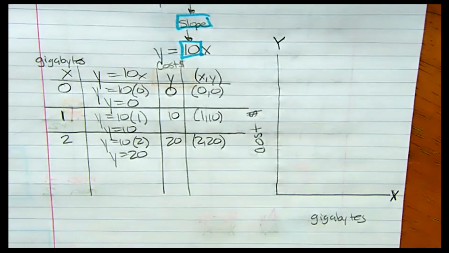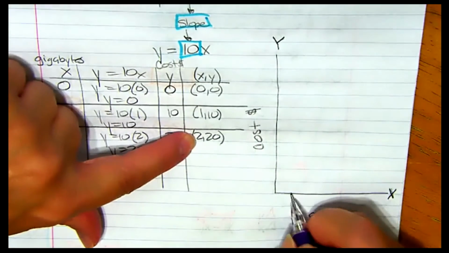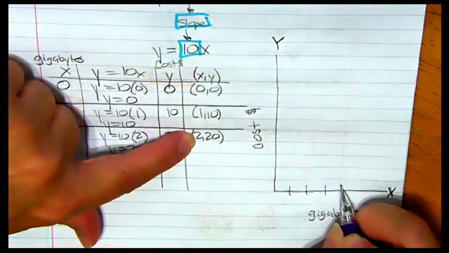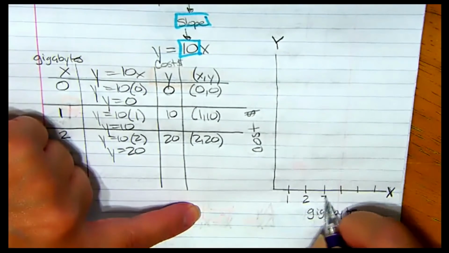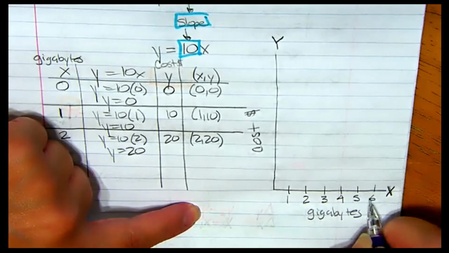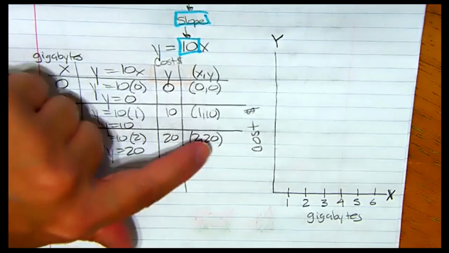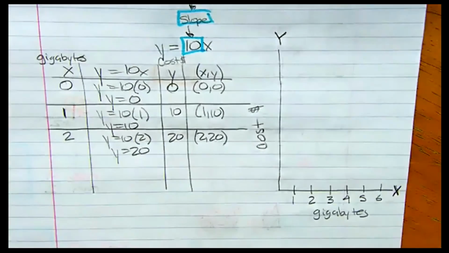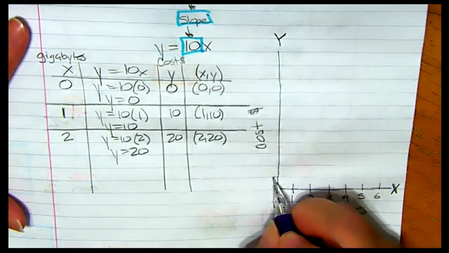Okay. So I'm looking at my ordered pairs, my x's. Those are pretty small numbers. I can do these by 1: 1, 2, 3. But when I look at my y's, we have a 0, a 10, and a 20. I do not have 20 bars going up. So I'm going to label these by 2's.